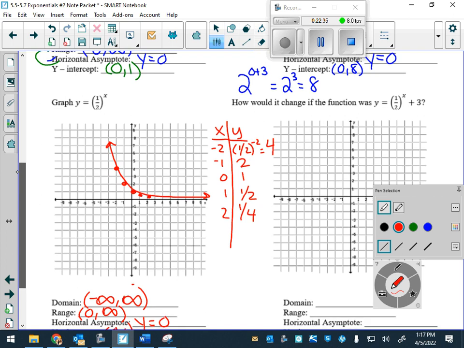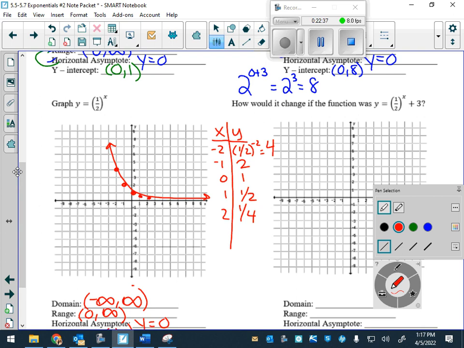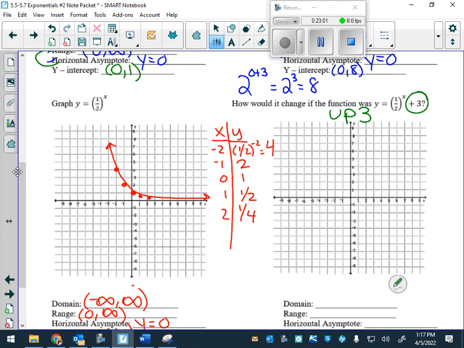Now, if we look at 1/2 to the x plus 3, what would happen? Nolan? Excellent. Good. It will go up 3 because the 3 is on the outside. Okay? So if we look at our original table of values, what values now will change? X or Y?